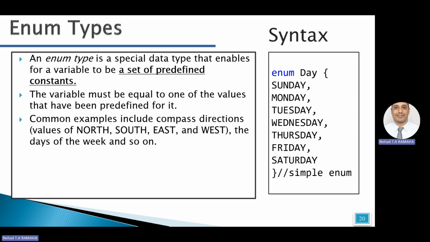Like, for example, courses. If we have a center teaching courses, and we have 3 or 4 courses, we can make them constants inside an enumeration. Yes. Until now, we speak about the same issue.